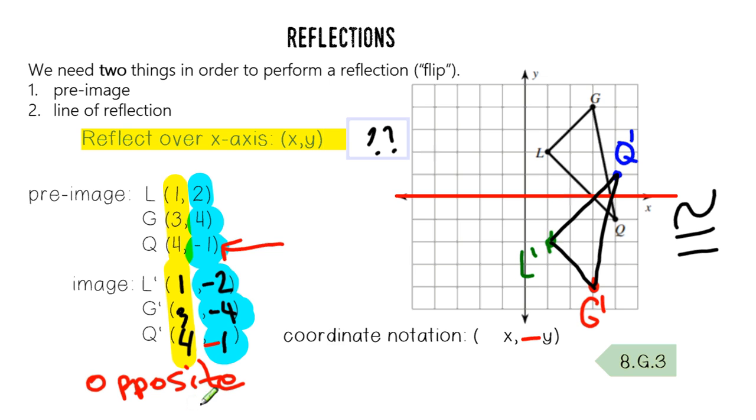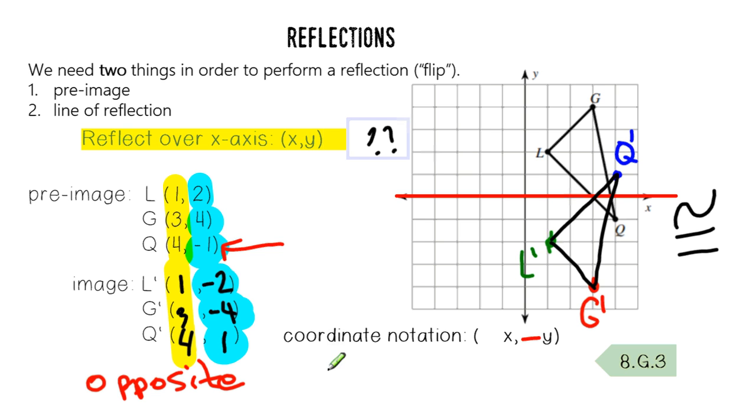It means opposite. That is the exact reason why the opposite of negative 1 is 1, or a negative 1 is a positive 1, however it makes more sense to you. But I do want us to understand really what is happening. We're doing the opposite of what we had before.